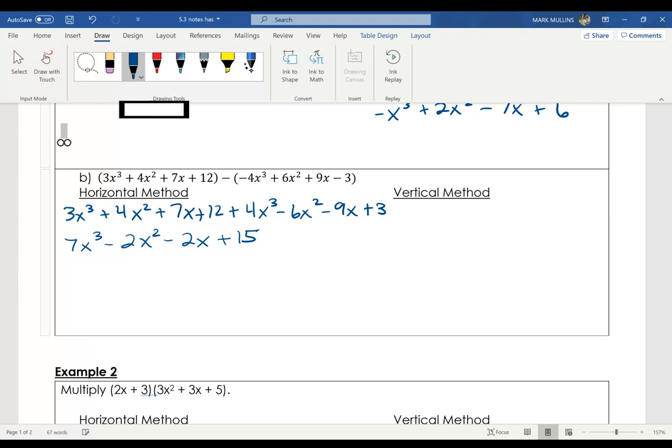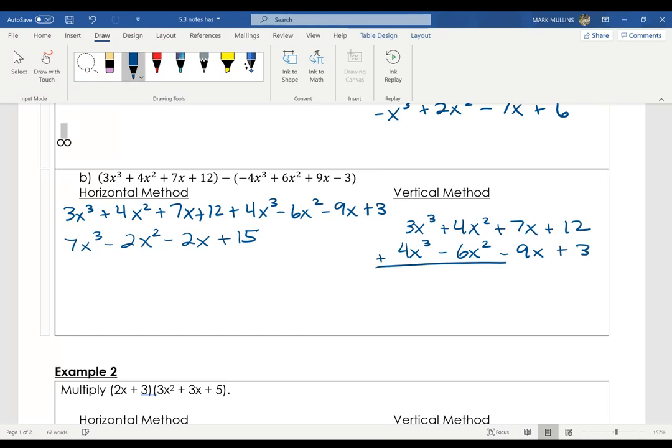So again, if I was copying this from my textbook, I would probably just change it to vertical right away. So 3x cubed plus 4x squared plus 7x plus 12. And then underneath, when I distribute my negative, I'm going to have 4x cubed minus 6x squared minus 9x plus 3.